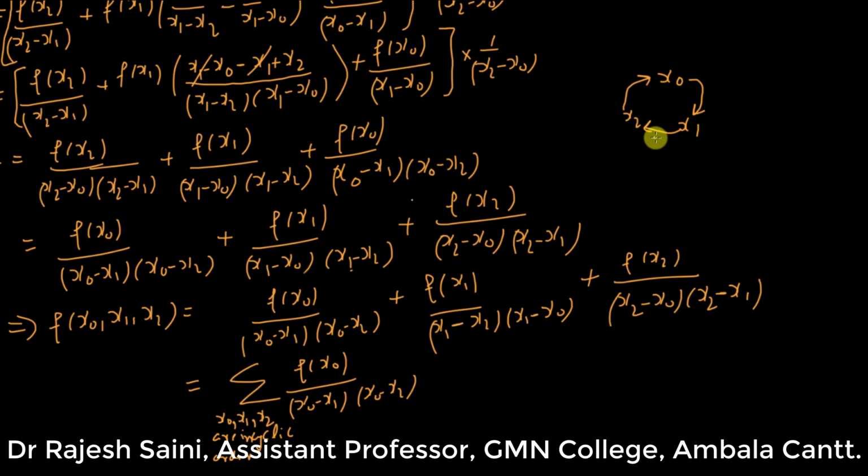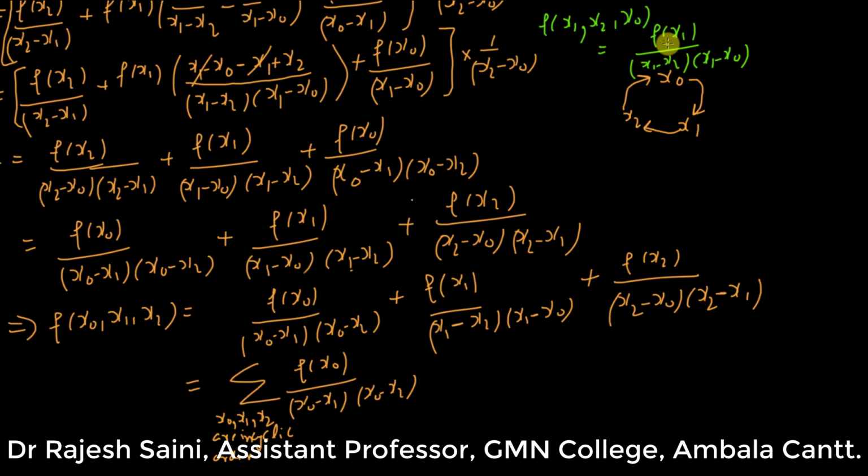Instead of this one, if I write it as f of x1, x2, x0, in this order if I write it as, fine. So from the first I will write f of x1, x1 minus x2, x1 minus x0.